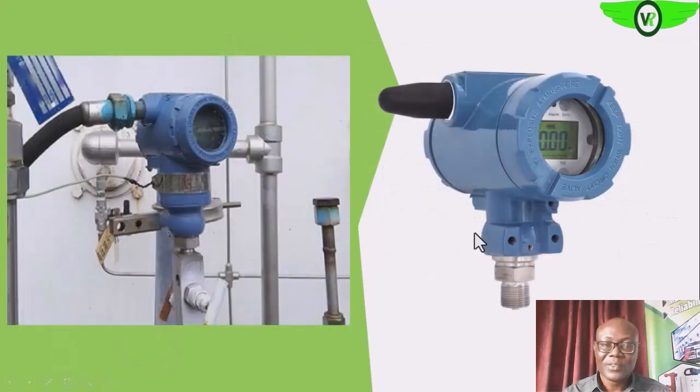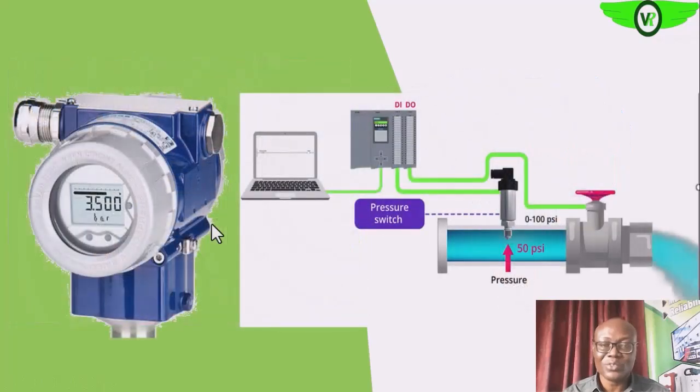Okay, so these are wireless transmitters. As you can see, these are transmitters with wire, okay, that can send the 4 to 20 milliamp signal to your controller or to your control room, as the case may be.